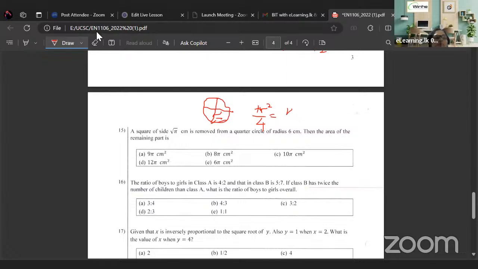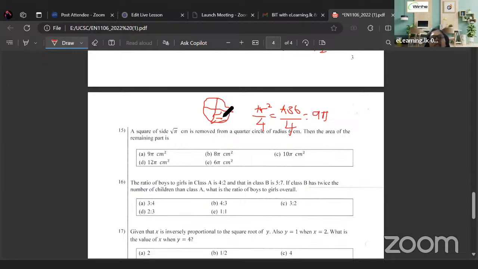Pi into 6 squared means 36, divided by 4 is the area of the quarter circle. Then that is equivalent to 9 pi, right? This is the area of the quarter circle.